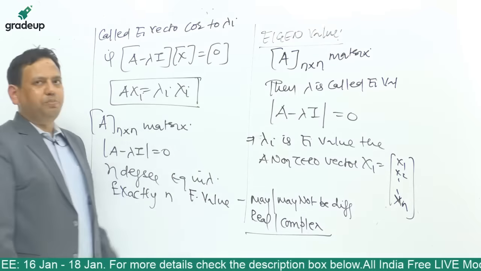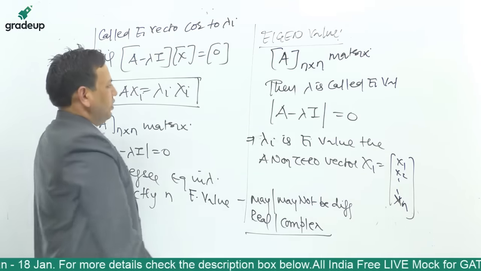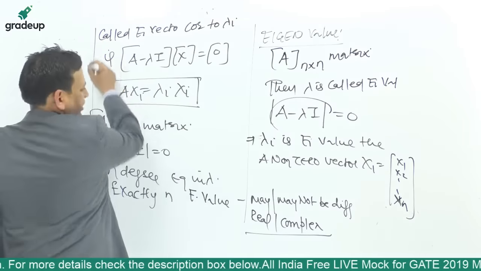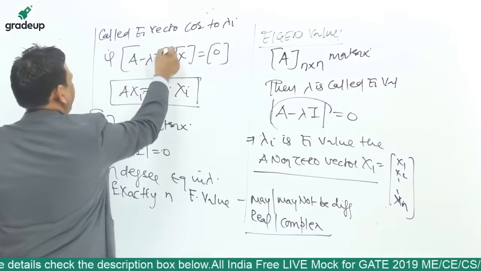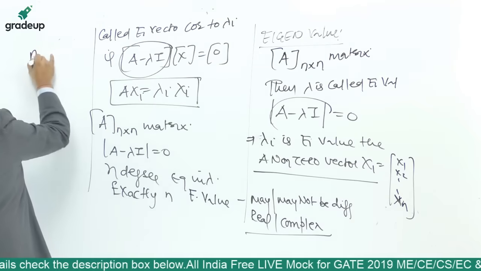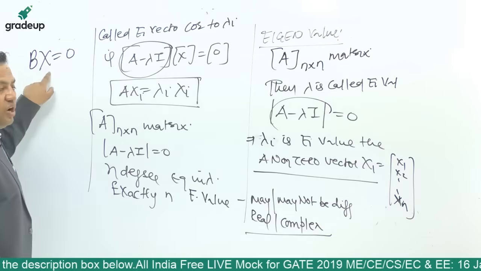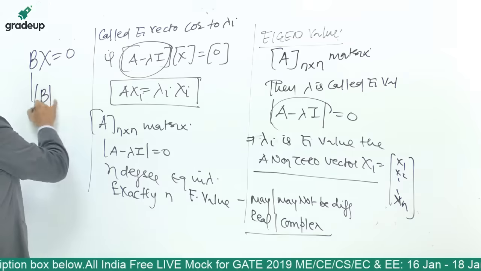Okay. Now the most important concept is what? We are saying x is always a non-zero vector. Why? Because if I take this as B, then Bx is equal to 0. So x would be non-trivial, meaning non-zero, only if the determinant of B is equal to 0.